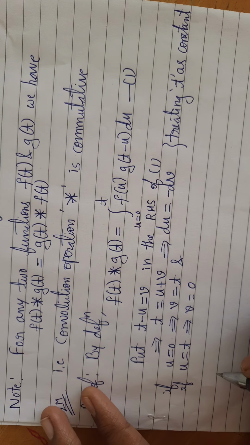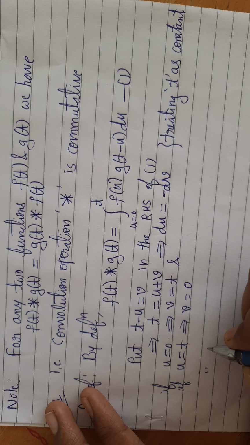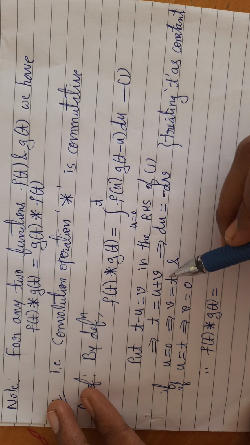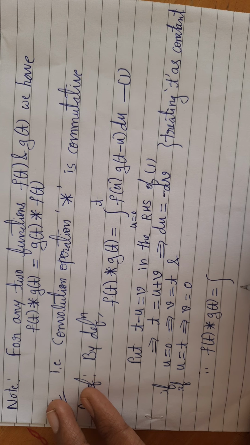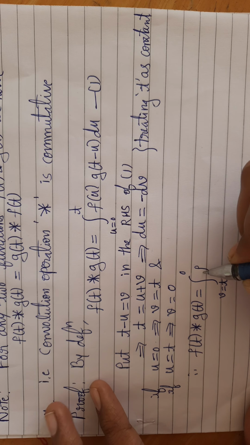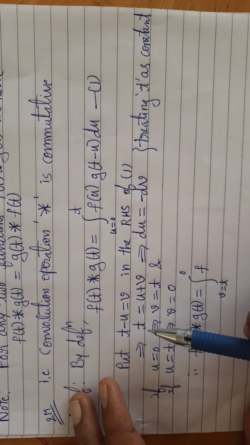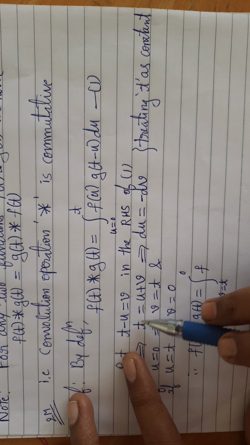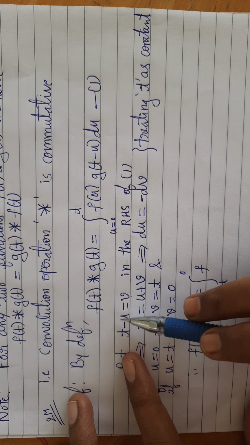So we get, therefore, f of t star g of t equals integration from 0 to t becomes t to 0. This is the value for v, substitution. Then f of u becomes f of t minus v, since u is t minus v.